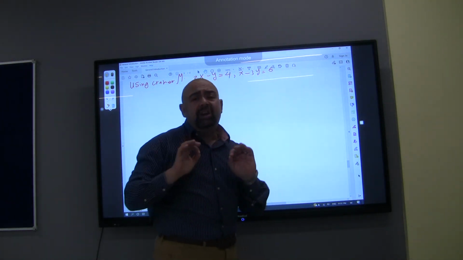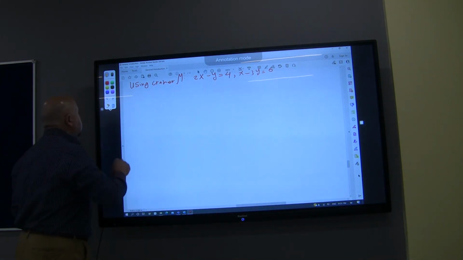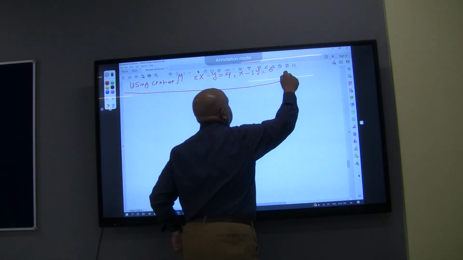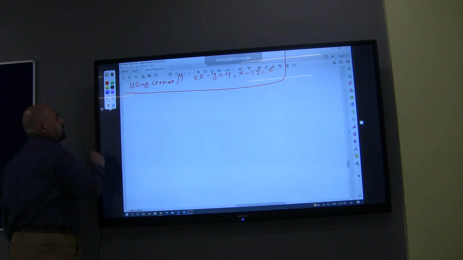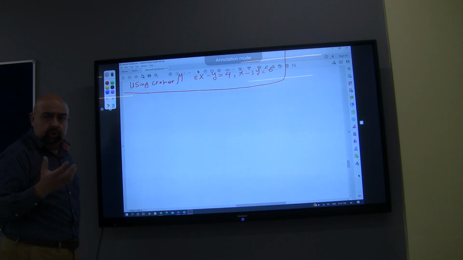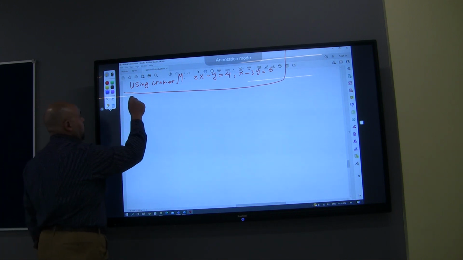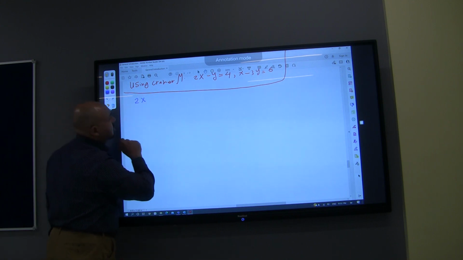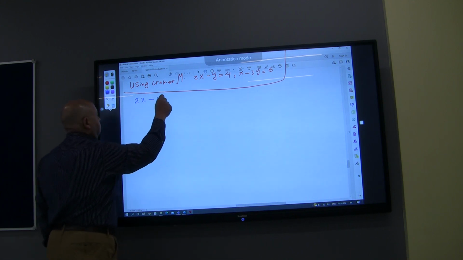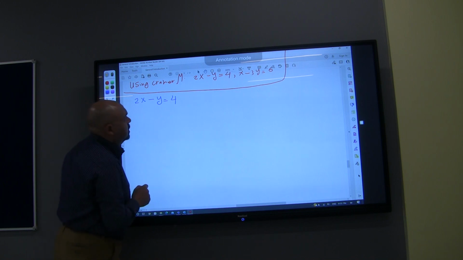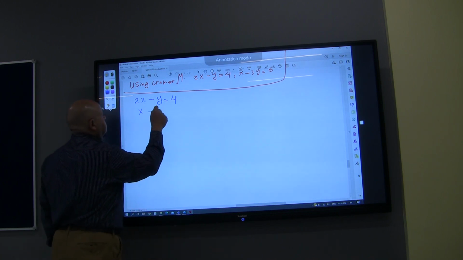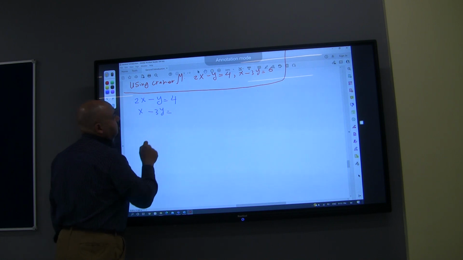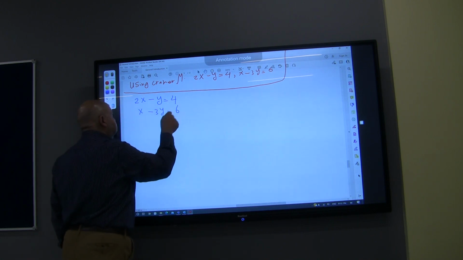Of course, it's very very simple compared to what we went through. All I have to do is rewrite this system. It's the simplest method for solving a system of equations. So I will have 2x minus y equals 4, and the second one is x minus 3y, which equals 6.